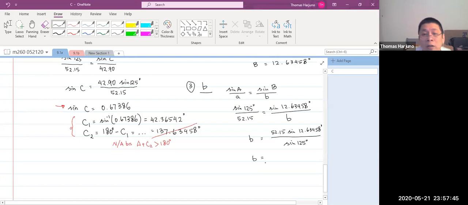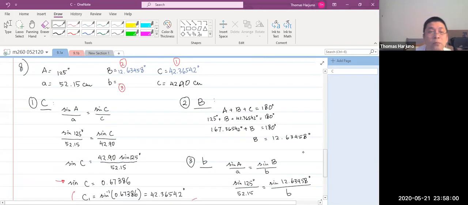I get 13 something. 13.92523 centimeters. I put it here, 13.92523 centimeters. Okay, now that's for number 8.